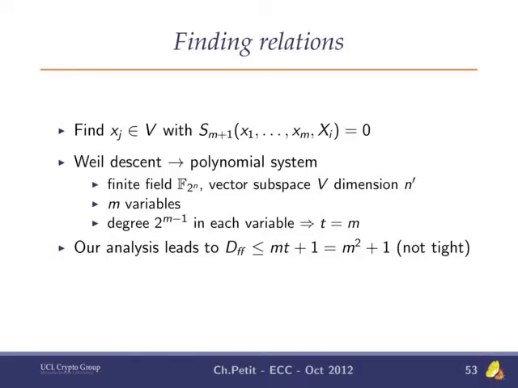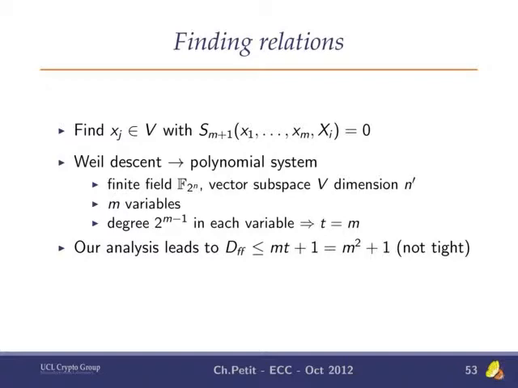That's what we want to solve. If we put that together with our previous analysis, by applying a Weil descent, you get a polynomial system again. The finite field is F_2^n. You have a vector subspace of dimension n'. There are m variables. The degree for the summation polynomial is 2^(m-1).